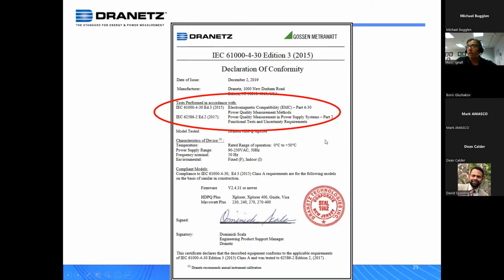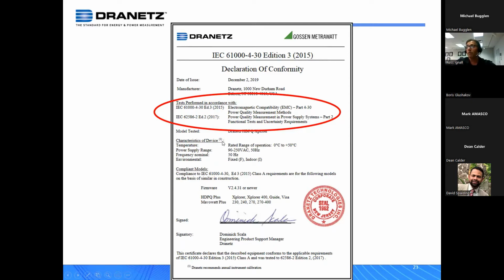So what you see here, this is a compliance certificate. This happens to be for our HDPQ product line. You see HDPQ Plus here. And what you see here is that the test methods used were this IEC 62586, which is the standard that I talked about, which is testing to edition 3 of IEC 61000-4-30. That's what's circled here. And there's many more pages.